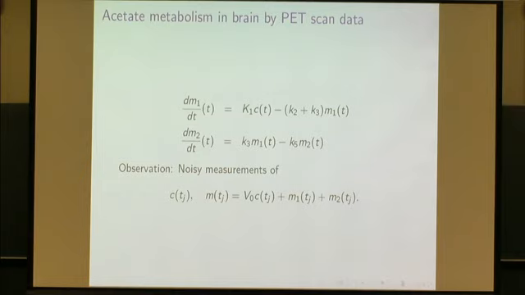So they were administering this marked acetate, which is only metabolized by astrocytes, and they are following the patients, and they want to know how efficiently the three different cohorts metabolize this.